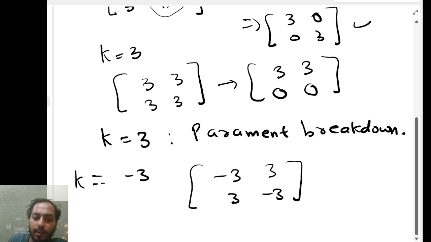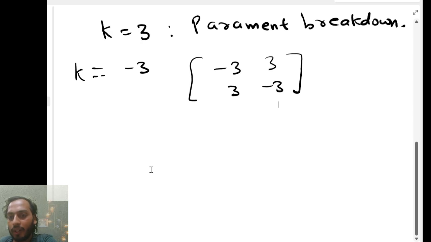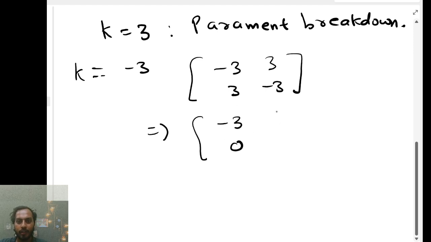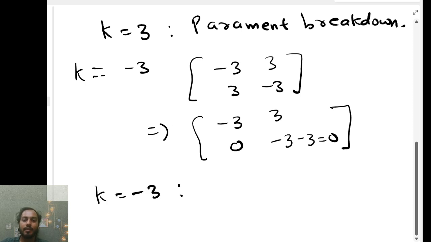And now you need to subtract minus 1 times the first row. If you choose minus 1 times plus 1 and subtract it, it will become 0 here, and minus 1 times this will also become 0. So it's again a breakdown. So I think if k is minus 3, it would still be a permanent breakdown. Am I right?